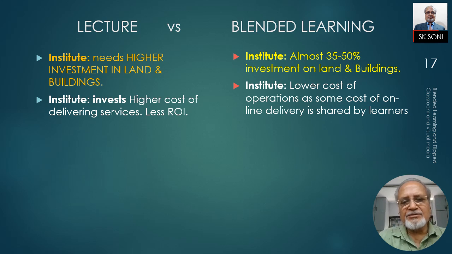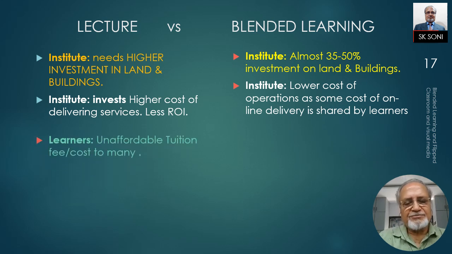In blended learning, the institute invests almost 35 to 50% on land and building. Institute has lower cost of operations as some cost of online delivery is shared by the learner.